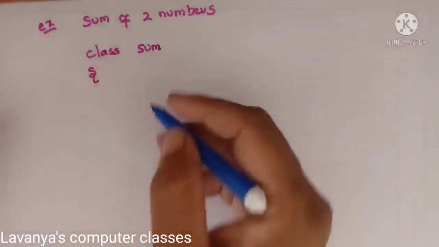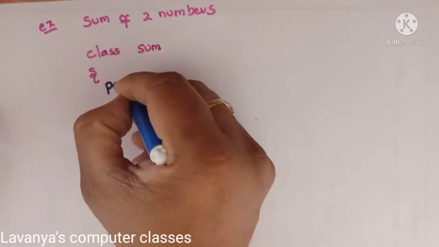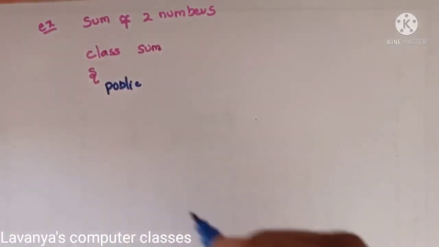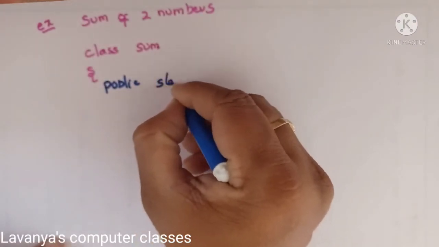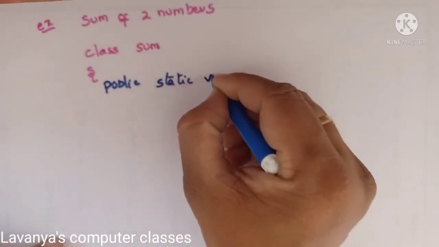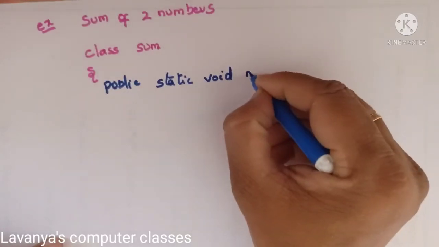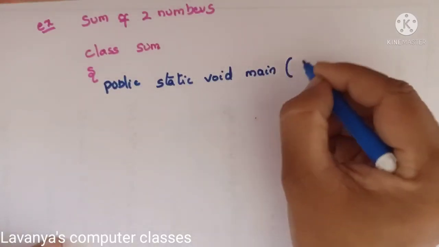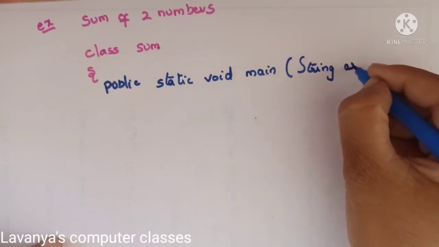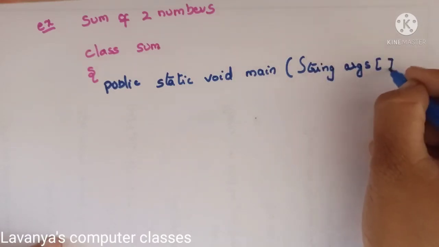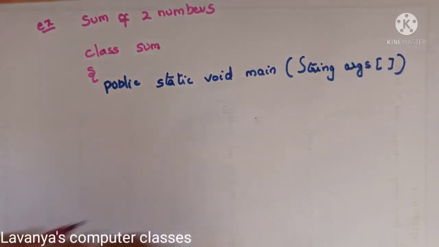Then we write public static void main, with String args, S capital in String. Then start writing the actual code.